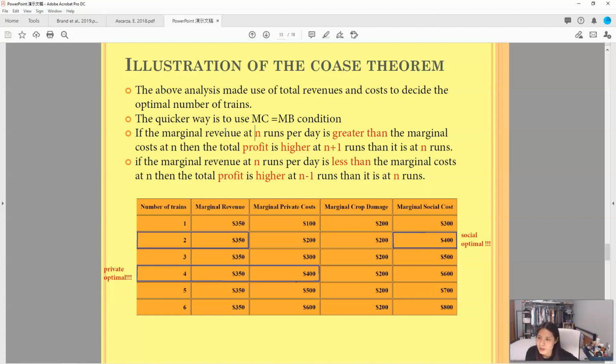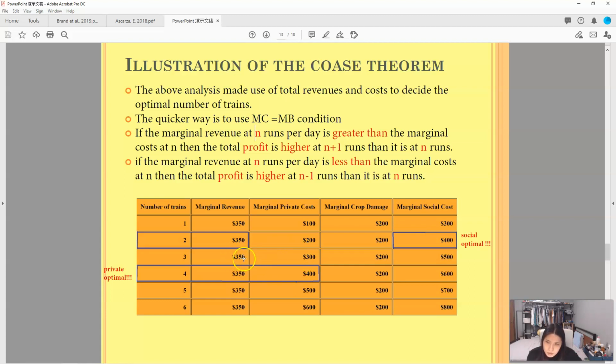For example, from the private optimal's perspective, if the railway decides to run 3 trains per day, then the marginal revenue would be 350, the marginal cost would be 300.